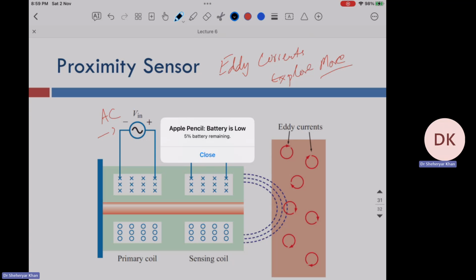You see, we actually use these kinds of laminated discs here.